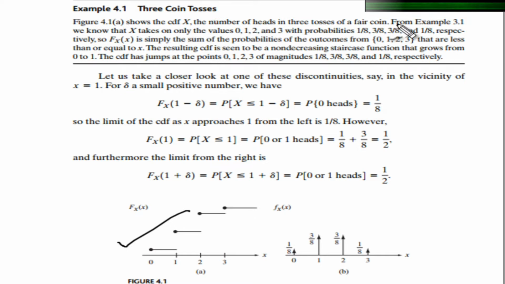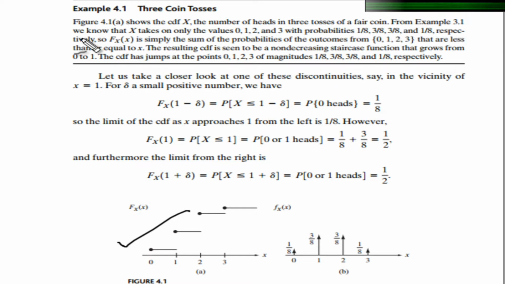It is the same example we have seen earlier, in which the random variable was x, and what was x? X was basically the number of heads out of 3 tosses. It is the same random variable, and this is the CDF of that random variable.